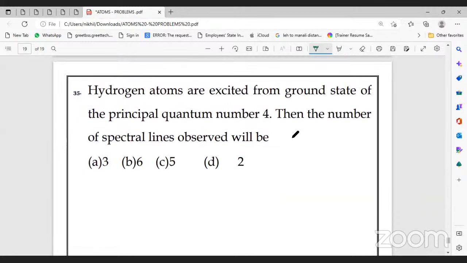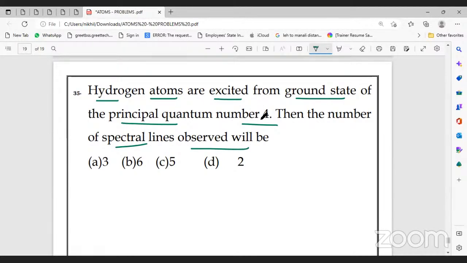Yes, students, look at the last problem of this chapter. Hydrogen atoms are excited from the ground state to the principal quantum number 4. Then what is the number of spectral lines observed?